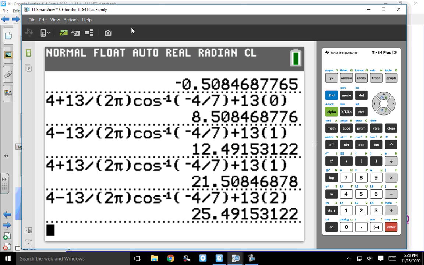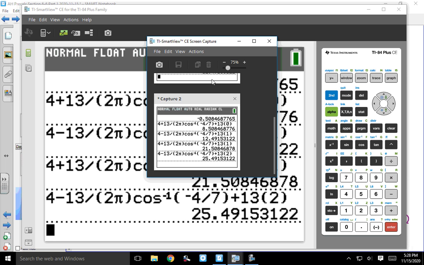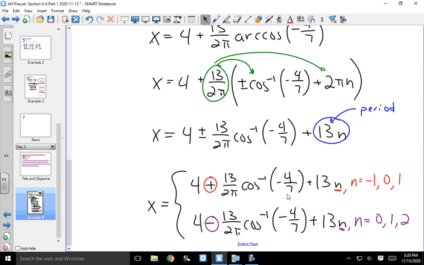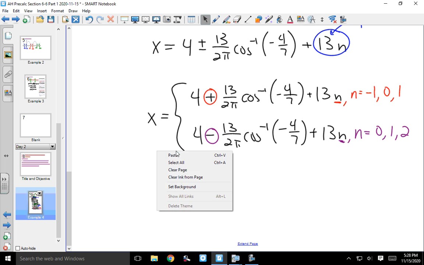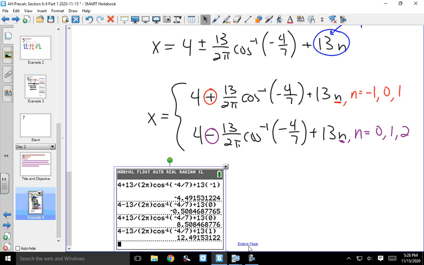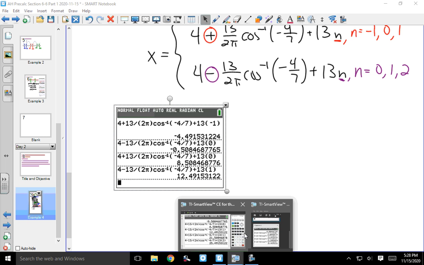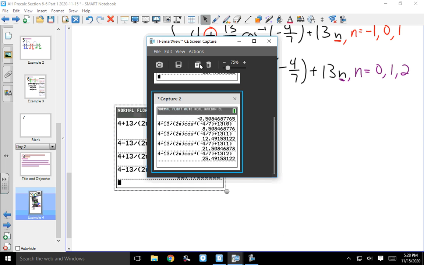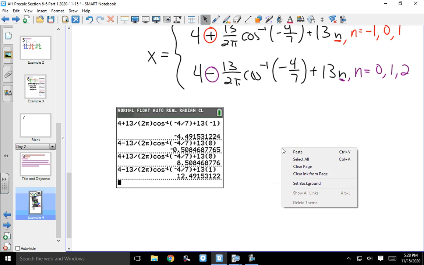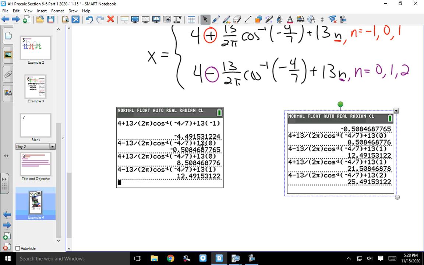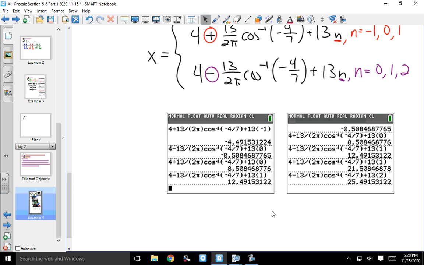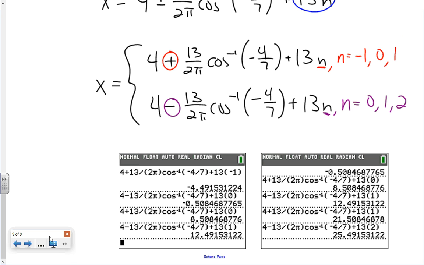Grab a screenshot of that as well. And our answer, by the way, we'll leave in the form that we have algebraically. I'm just checking on my calculator here to make sure that we are in fact getting the 6 solutions that we expect to get. And our calculator is backing us up here and saying, yep, the 6 solutions you have listed there are in fact the 6 solutions we should have.